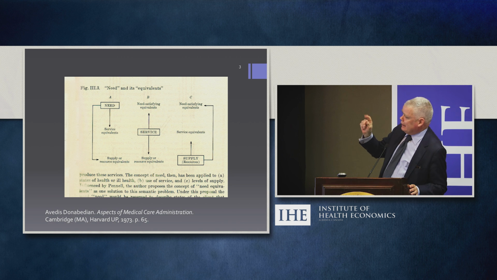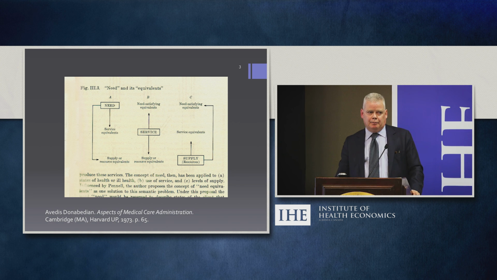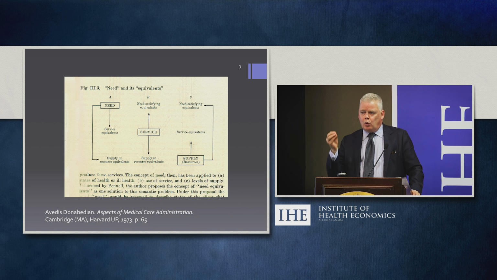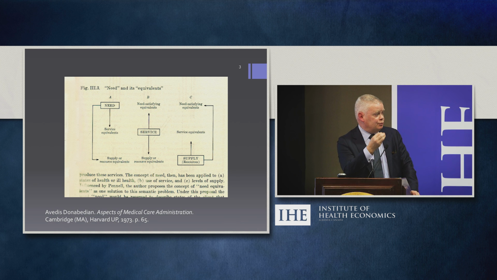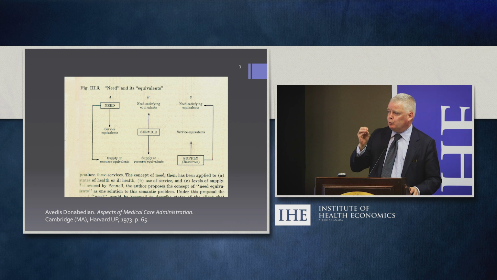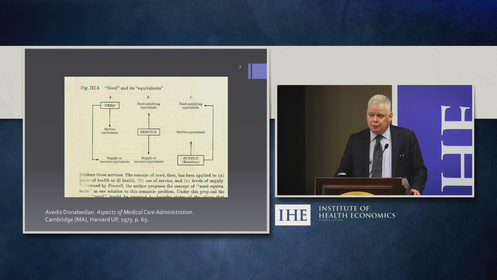The reason I wanted to show you that is not to show you how clever I am, but to show you that at the time, the question of needs was not questioned. The needs were seen as evident. It's something that could be easily measurable. In fact, Julio Frank's very famous text, in which he made a difference between needs and wants, was published 5 or 6 years after Aspects of Medical Care Administration.